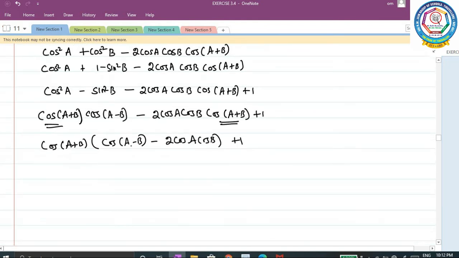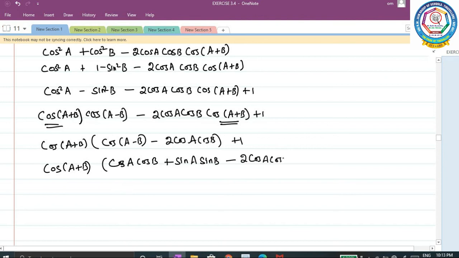Now cos(A+B) as it is I am writing. Then what is cos(A−B)? cos A cos B plus sin A sin B, then minus 2 cos A cos B, plus 1. So next step, cos A cos B minus 2 cos A cos B, that is equal to minus.